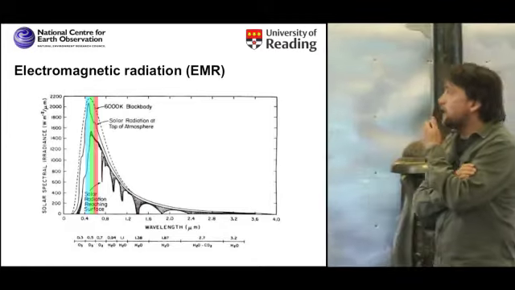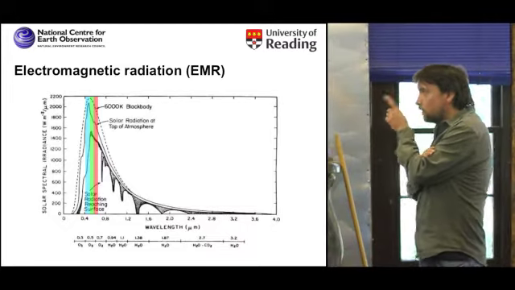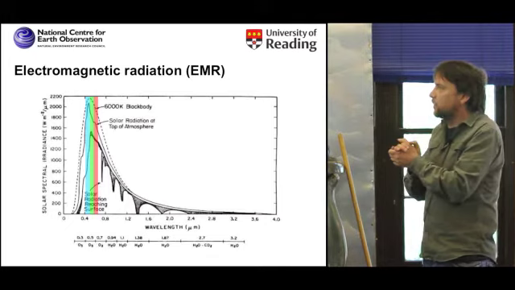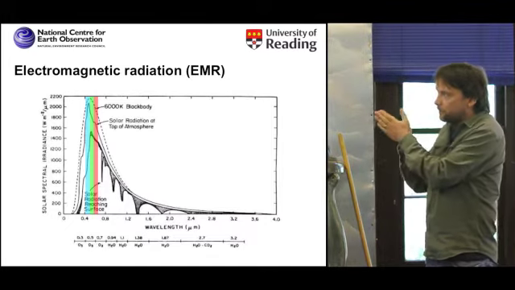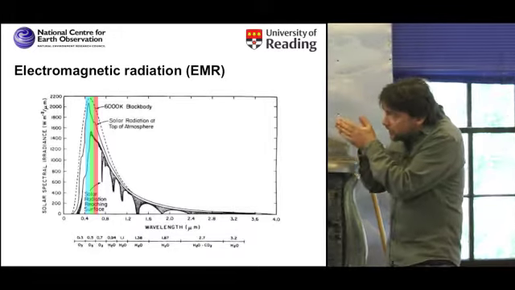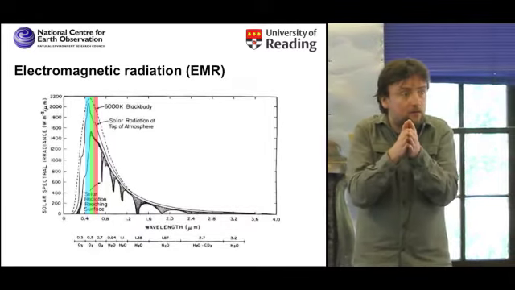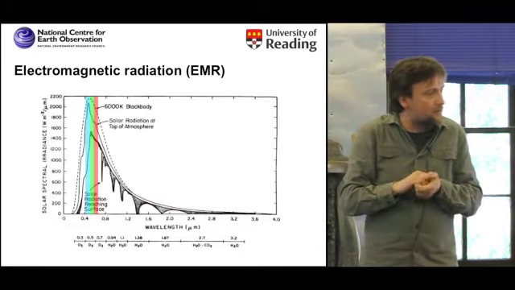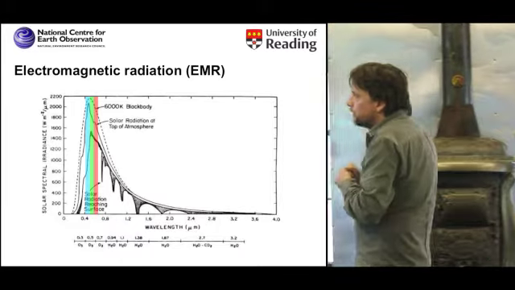Putting that into context, those are very approximately the wavelengths of light in which we see. The blue, green and red parts of the electromagnetic spectrum, and they're at that peak of the blackbody curve for 6,000 Kelvin.